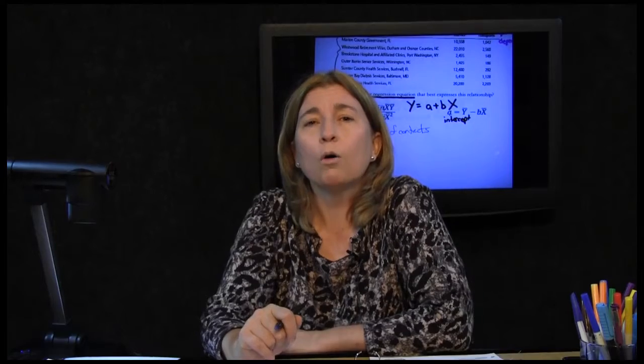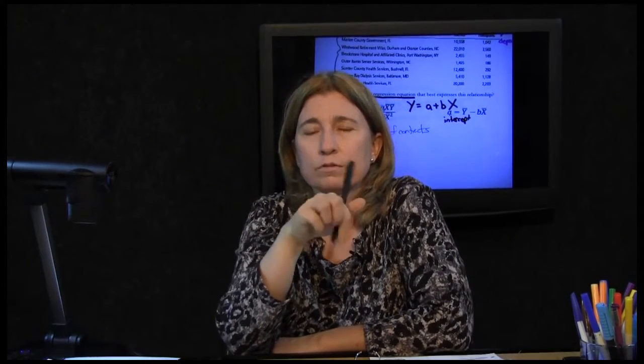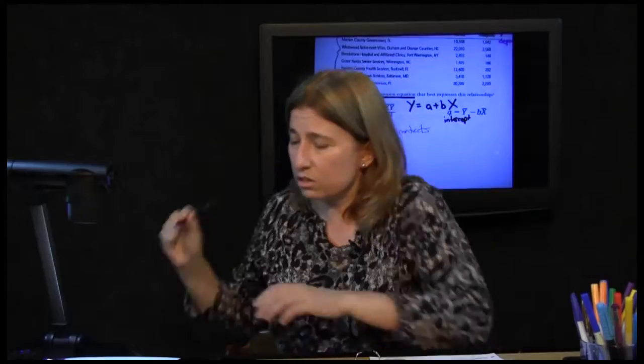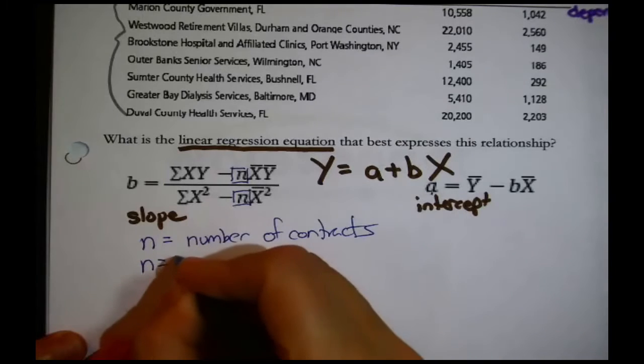That crops up in a lot of formulas. So we need this number. It's the number of contracts that we were given data on in the past data, or basically the length of this list. So 1, 2, 3, 7. N equals 7.